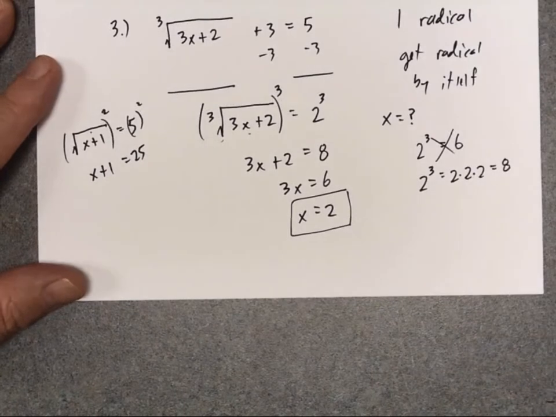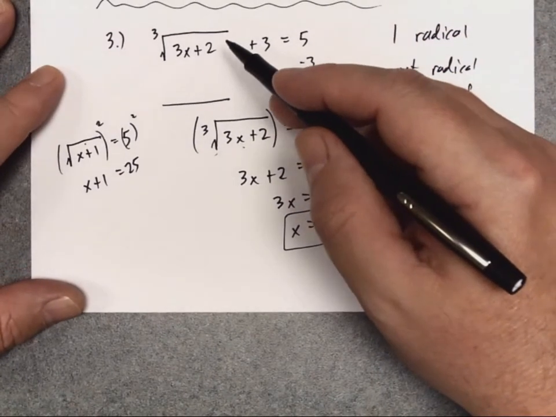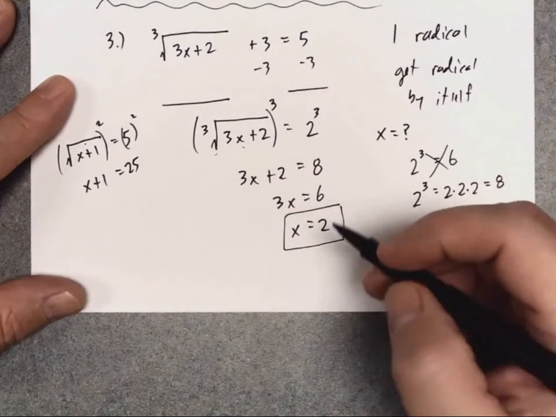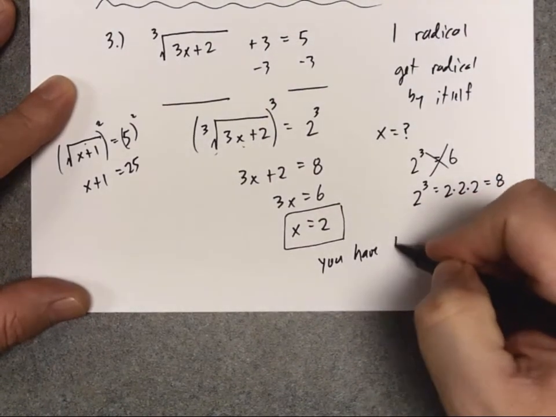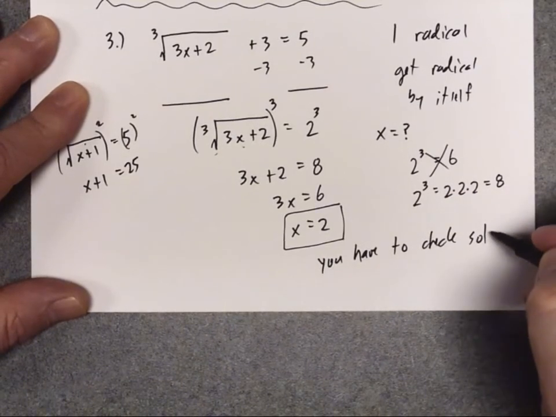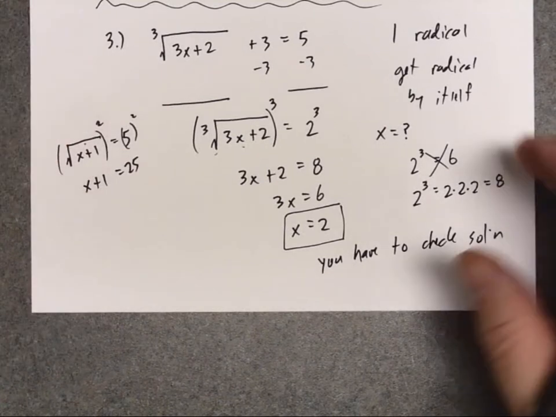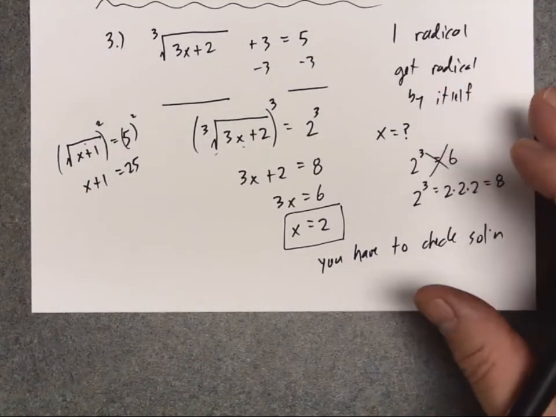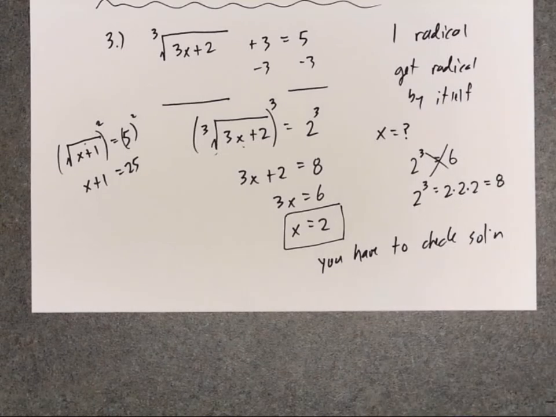Now here's a very important point. Whenever you're solving an equation that starts out with a radical, you have to check your solution. That first problem I did, that quadratic I solved, oh, here it is.